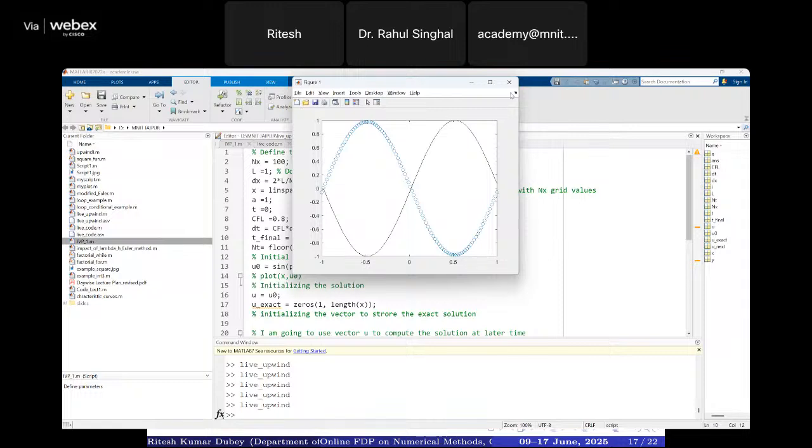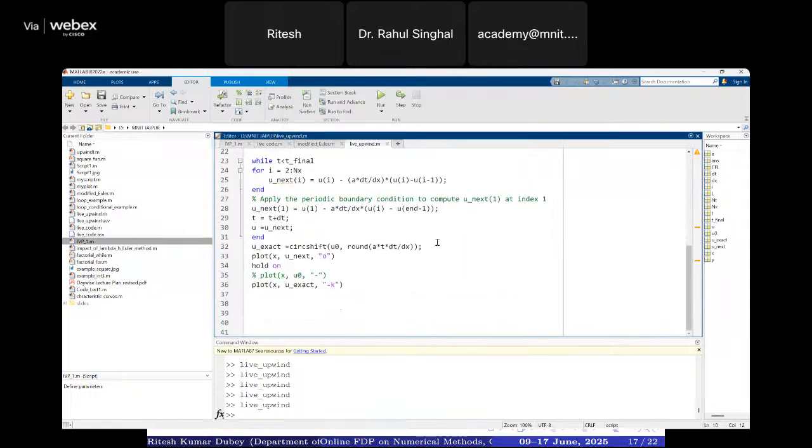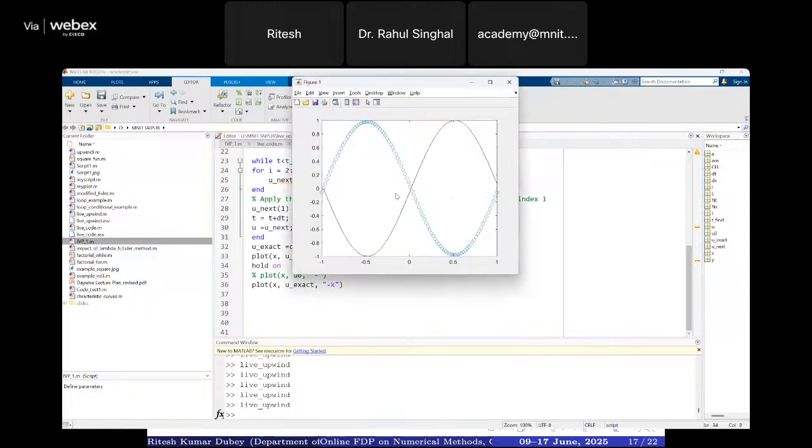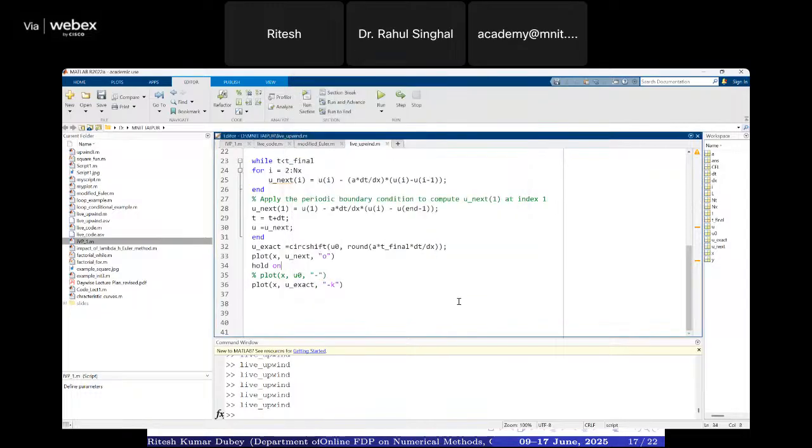It's not coming in the way I thought. Why? Okay, I'll put here t_final, and then if we run, I don't know what happened. Something I'm missing here.